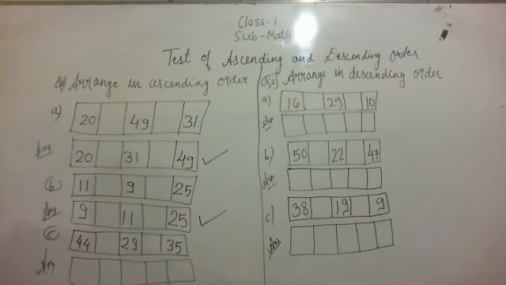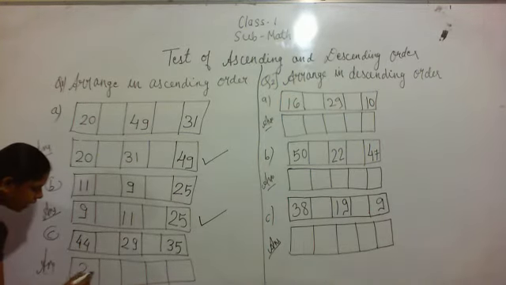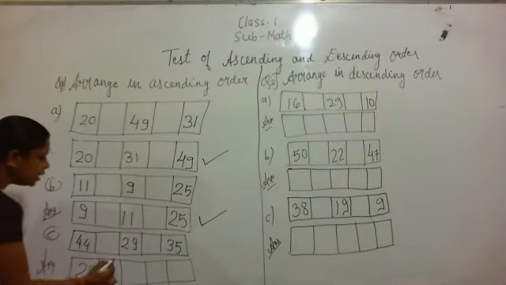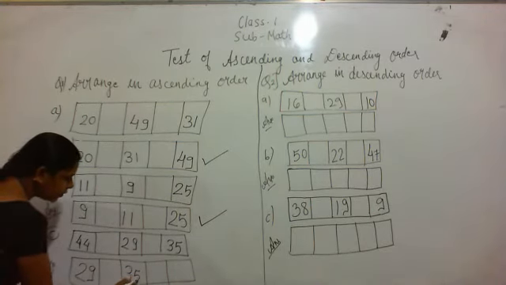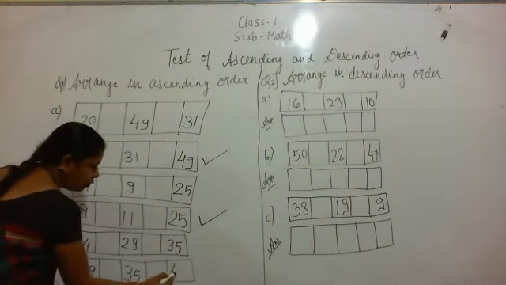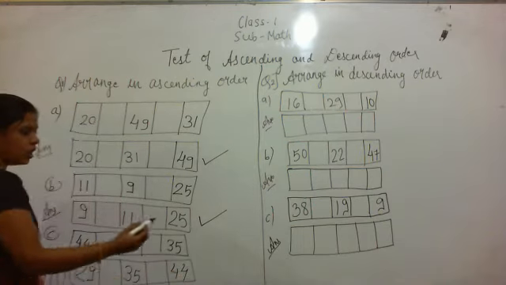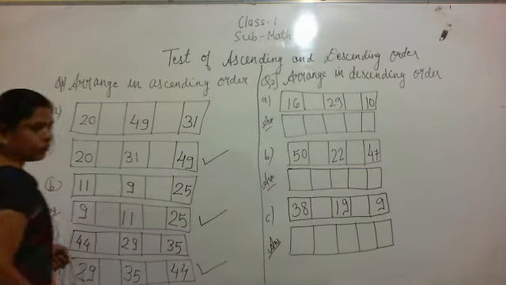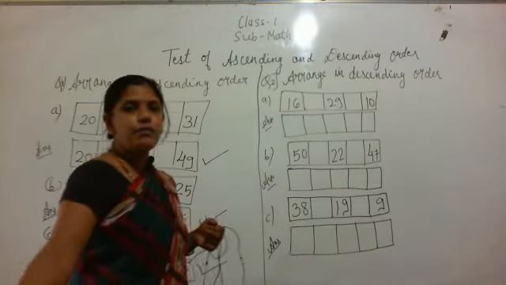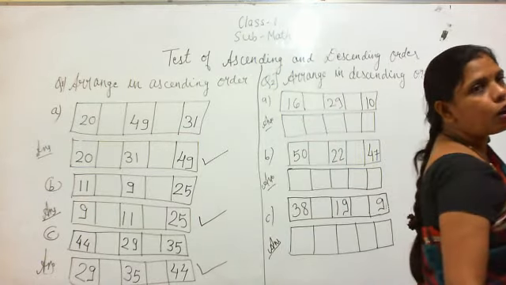The smallest number is 29. The next number will be 35. And the last will be 44. If your answer is right, place a small right just after the question.